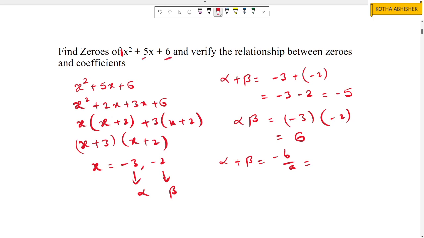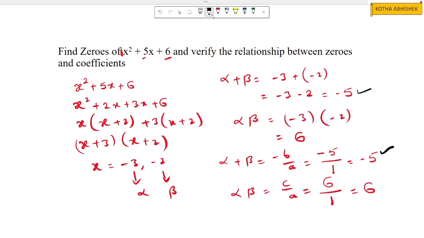So minus symbol as it is, b means x coefficient, so 5 divided by a, x square coefficient, so minus 5 by 1 is minus 5. Next, alpha beta, the formula is c by a, which equals constant 6 divided by x square coefficient 1, 6 by 1 is 6. Now we need to cross check here. Alpha plus beta value we got minus 5, here also minus 5, alpha beta value 6 and here also 6.